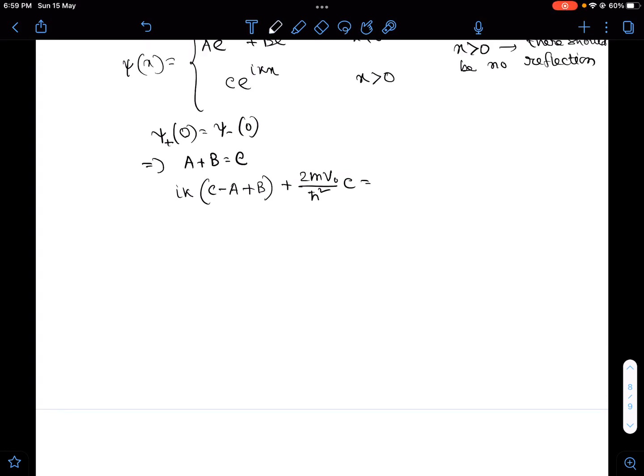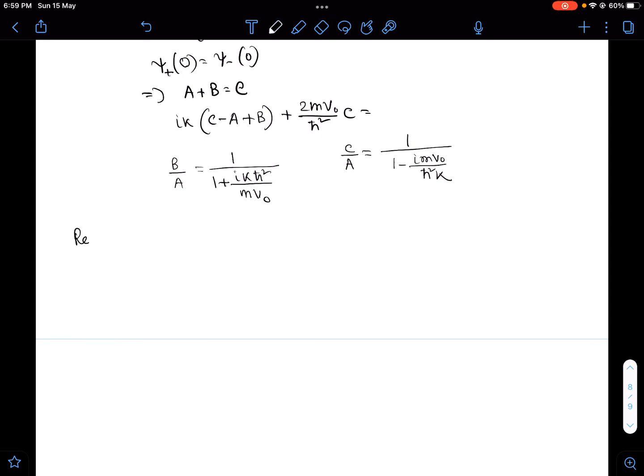If we solve these two equations, we can easily get b by a, which will turn out to be 1 by 1 plus i k h cut square by m V0, and c by a, which will turn out to be 1 by 1 minus i m V0 by h cut square k.